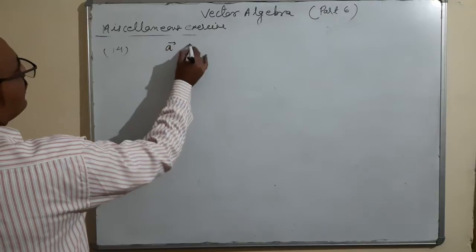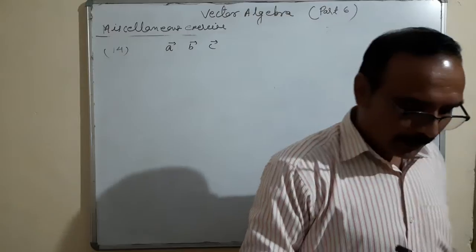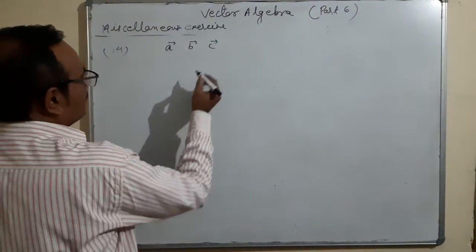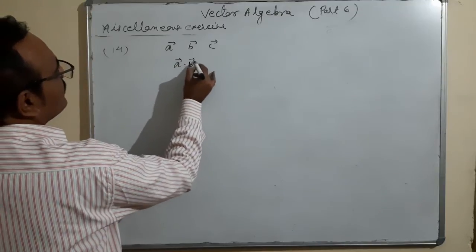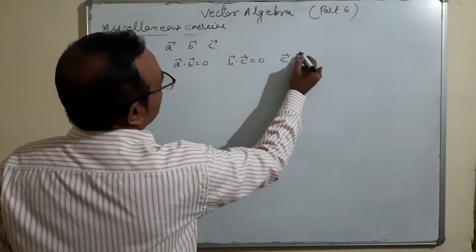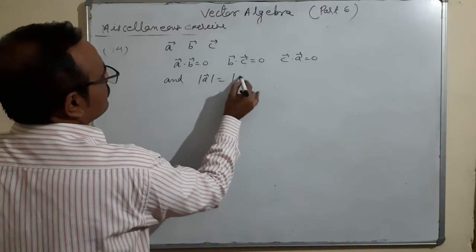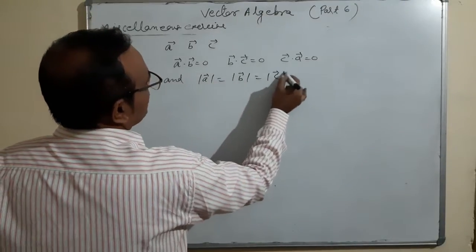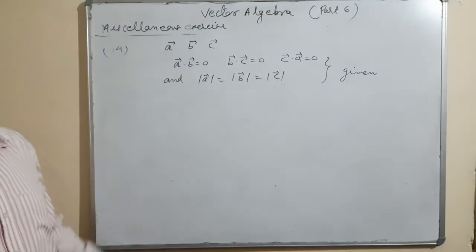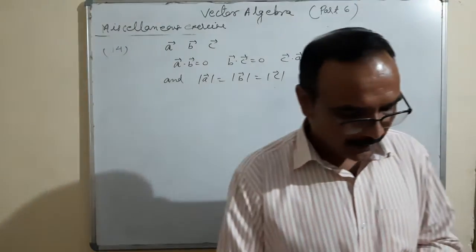It is given that vector A, vector B and vector C are mutually perpendicular and of equal magnitude. If they are mutually perpendicular, that means vector A dot vector B is equal to 0, B dot C is equal to 0, C dot A is equal to 0, and magnitude of A is equal to magnitude of B is equal to magnitude of C. These two conditions are given: they are mutually perpendicular to each other, and they are equal in magnitude.